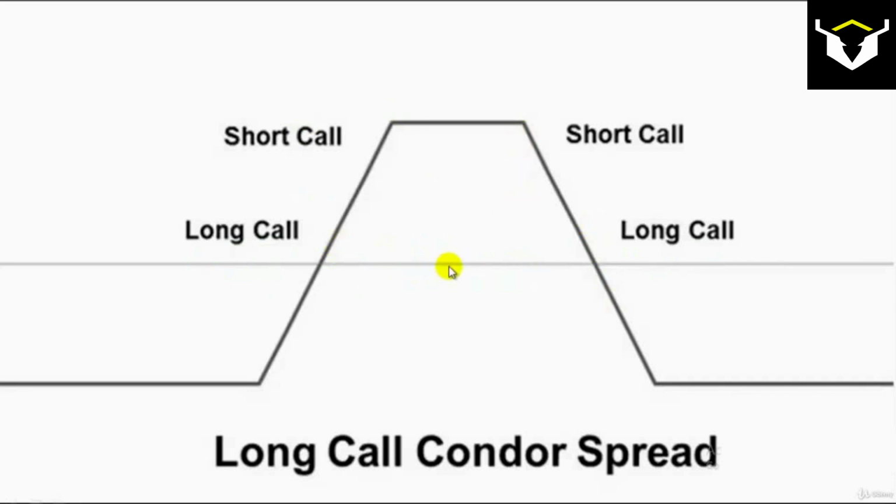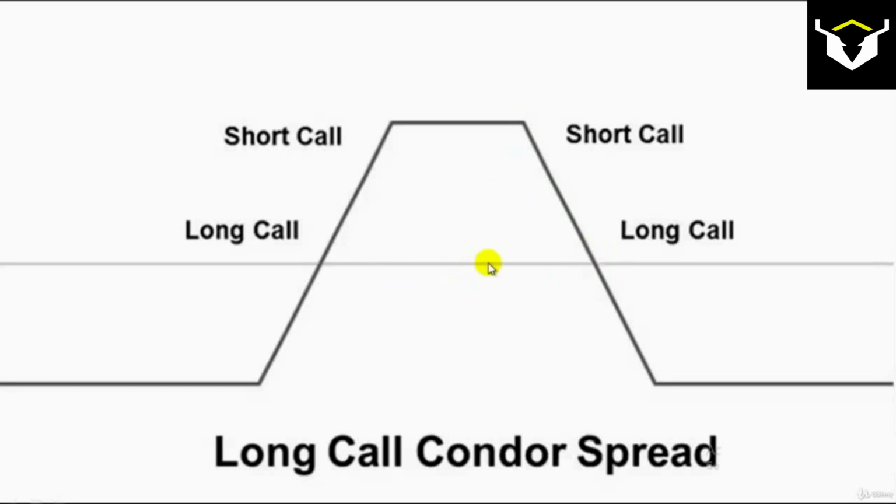If the price value is set here at this point, you can see both of these will be out-of-the-money call options, since they are above the current price value. So the nearest out-of-the-money call option is to be sold, and the far more away out-of-the-money call option is to be bought.